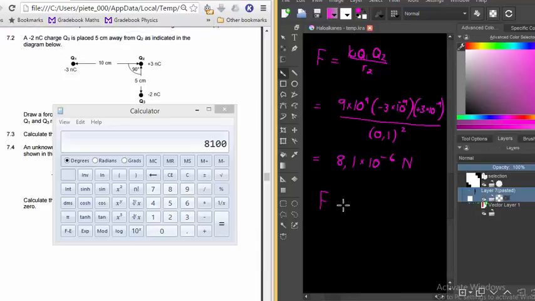What is the force exerted by Q2? So it's K times Q2 times Q3 over R squared. This time it is positive 3, so it's 9 times 10 to the power of 9, times 2 times 10 to the power of negative 9.